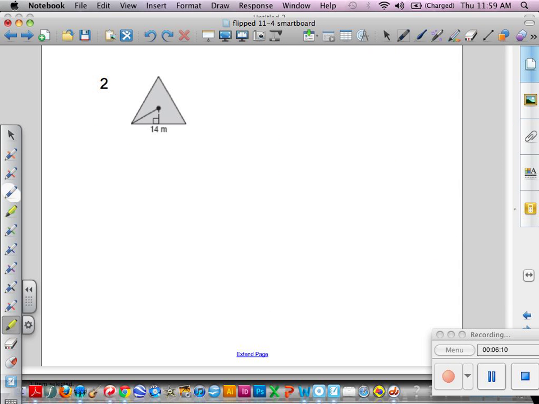Let's look at example number 2. Okay, I have a triangle. There's 2 ways to do this problem. The first way, well, a triangle's area is base times height divided by 2. So I really need the height here.